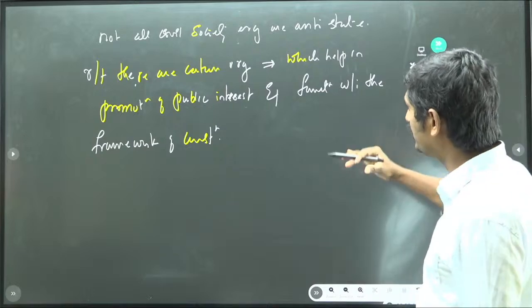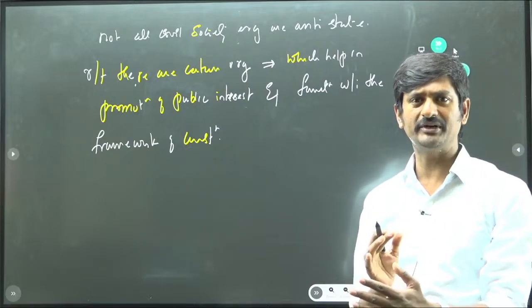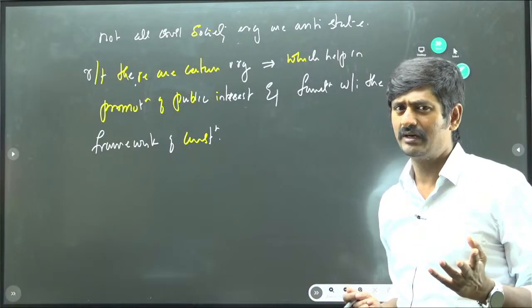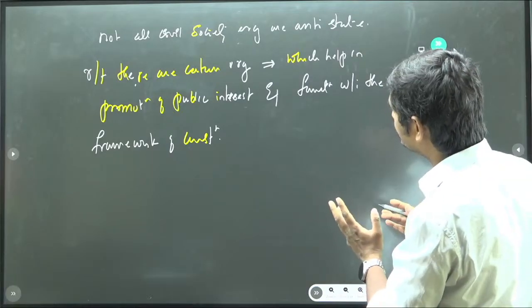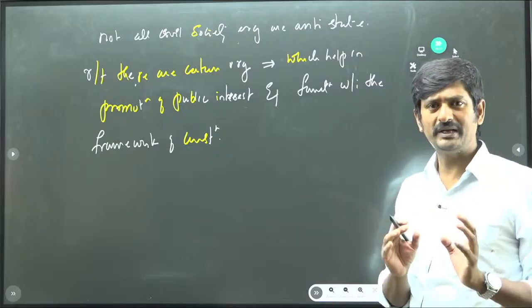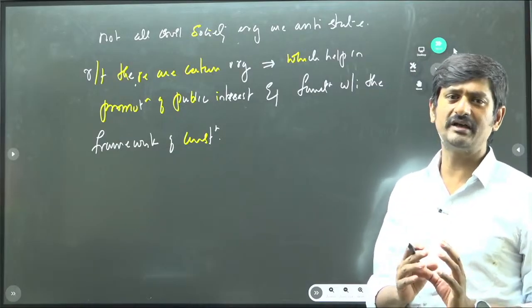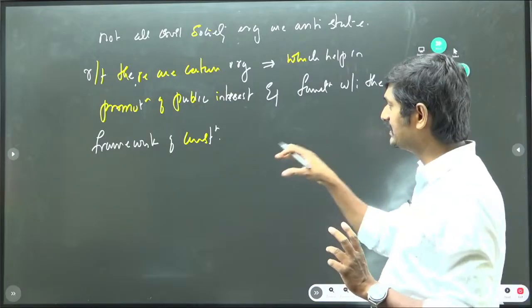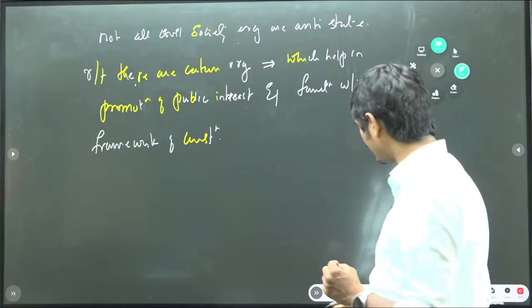So this is how you need to change the dimension. Earlier you have presented the idea, you have agreed with the examiner, but in the second part of the question you would explain the point that not all the civil society organizations are anti-state, and indeed they are functioning within the framework of the constitution.